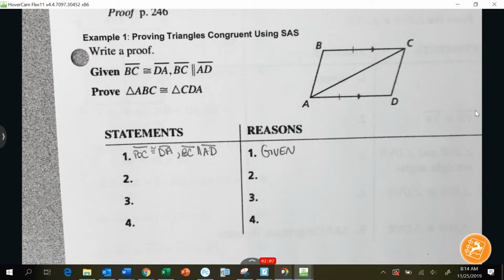Fourth statement, do you know what to put for the fourth statement?